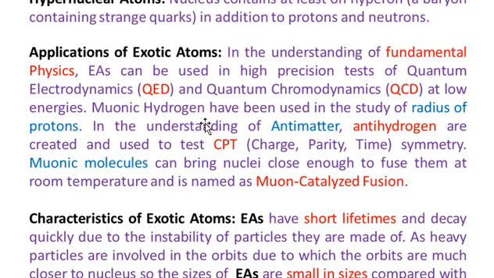Muonic hydrogen has been used in the study of the radius of protons. In the understanding of antimatter, antihydrogen is created and used to test CPT, that is charge, parity and time symmetry. Muonic molecules can bring nuclei close enough to fuse them at room temperature, which is named muon catalyzed fusion.